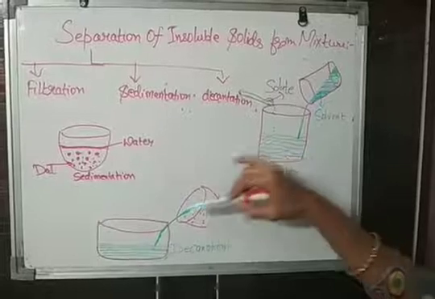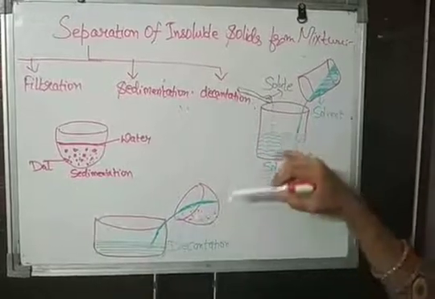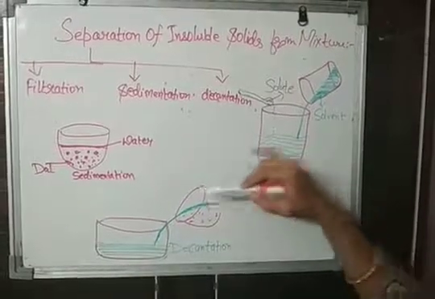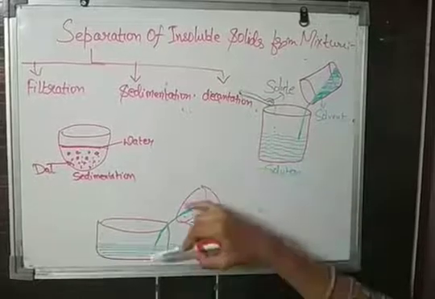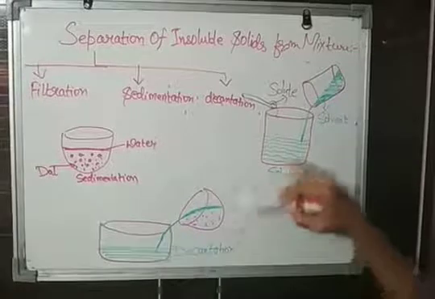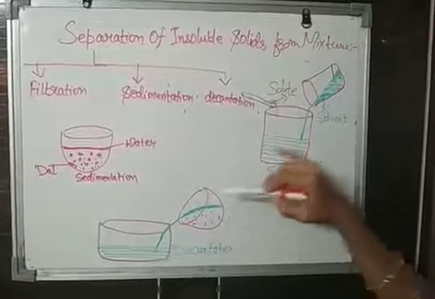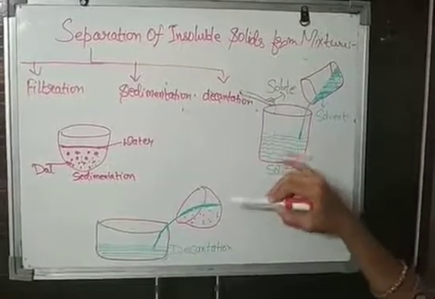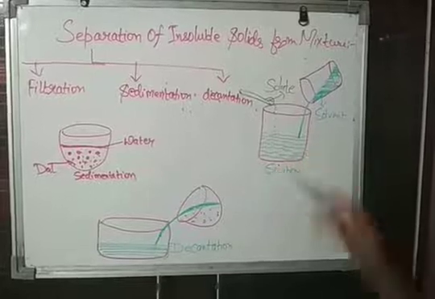So this is the process of decantation, in which the liquid is poured into another jar after sedimentation, and the insoluble solid particles are left behind in the first jar.